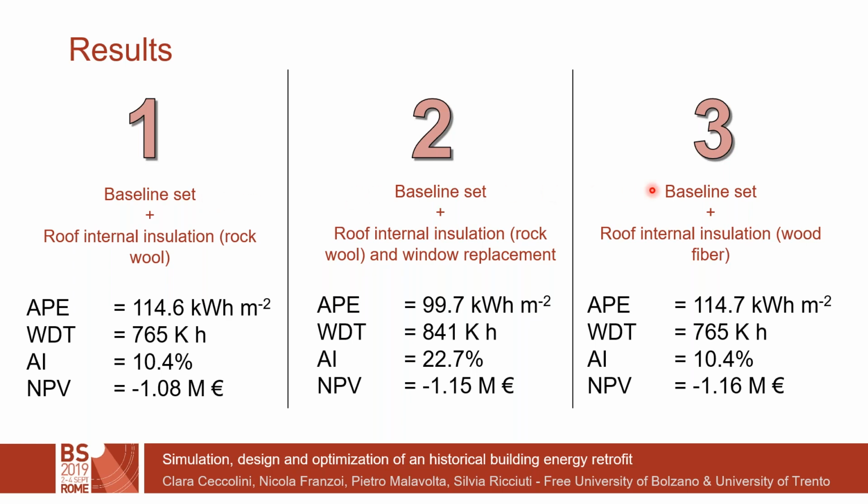The third one is just like the first, and here we explain why two retrofits were overlapping. But using wood fiber instead of mineral fiber results in a more expensive and thus a lower net present value retrofit. The second optimum has the greatest improvement for the annual primary energy consumption.